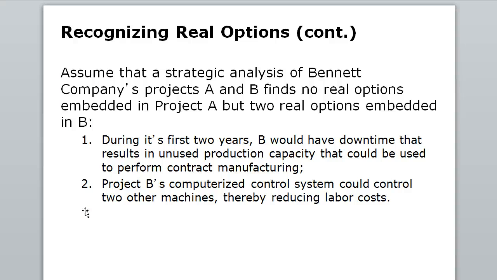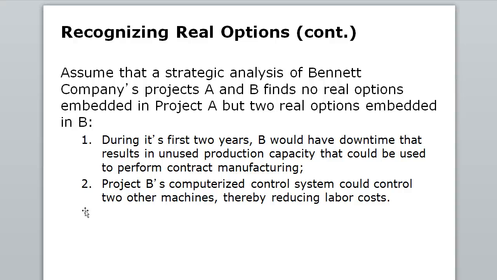All right, so how do we recognize these real options in our project? Assuming that a strategic analysis of, again, this Bennett company, Project A and Project B, we find no real options embedded in Project A, but two real options embedded in Project B. In Project B, during the first 2 years, we would have downtime that we could use the production facility to do contract manufacturing, meaning that we could use some of the facility to actually make products for somebody else and they'll pay us for it.